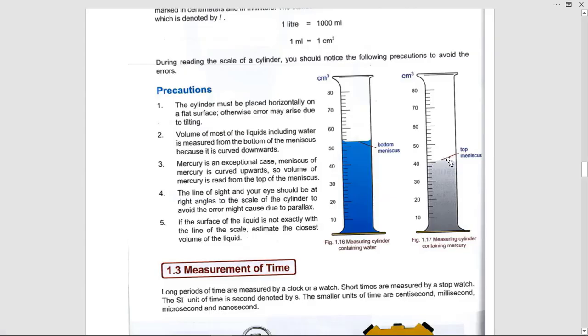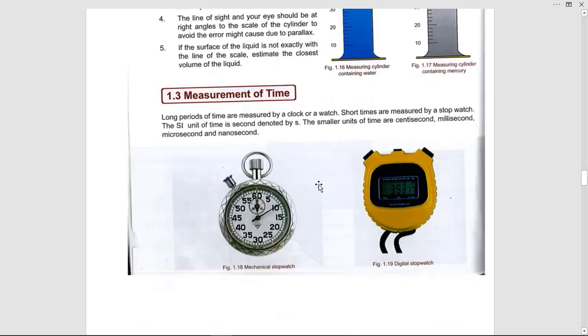So when you have mercury, take the top meniscus, and for all other liquids, take the down meniscus. And in the measuring cylinder, please be careful what scale is given. Mostly they give cubic centimeters, but before writing the answer, check the unit and find the answer according to this unit. Now we'll talk about the measurement of time.